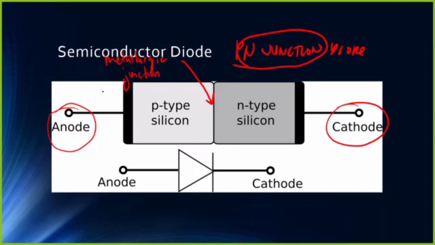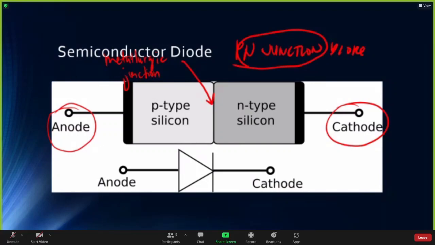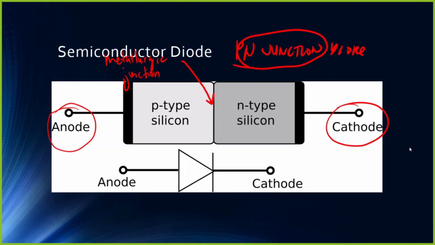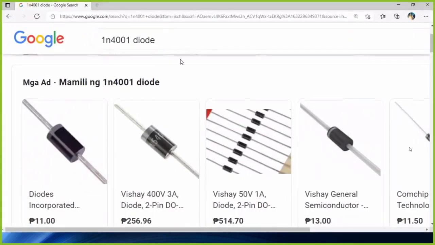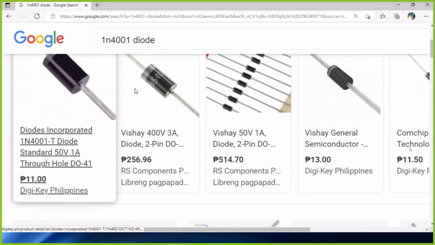So, di ba halimbawa sa resistor, yung diode kasi nandun sa kabilang room. So I hope nakikita natin. Ito na lang. Magpa-flash na lang ako ng picture sa internet para mas accurate. So ito isang example ng semiconductor diode. Yan. Mura lang yung mga diode.